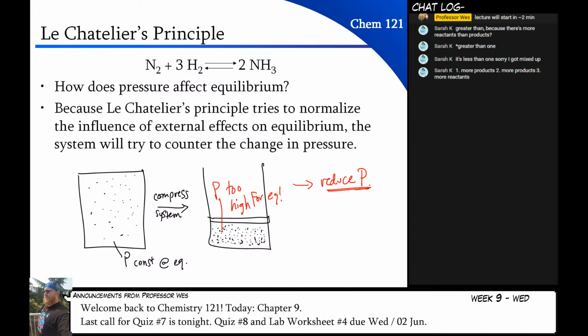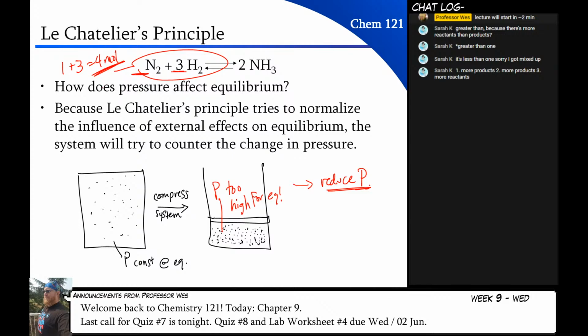And so what ends up happening is our reaction is going to move in the direction that reduces the pressure. Well, how many moles of gas are on each side of the equation? If I had only reactants, I would have 1 mole of N2 and 3 moles of H2. And we get that from these coefficients here, right?